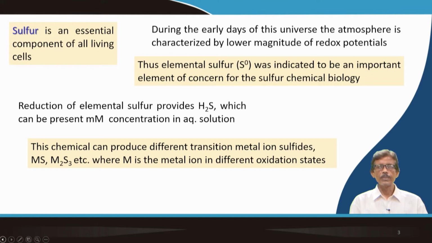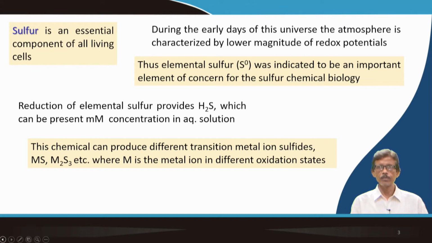This chemical, sulfur S0, can produce different transition metal ion sulfides. We all know that if you excavate the earth's crust with the help of a mineralogist or geologist, you will get many metal ion sulfides. In your school or college days, we learned that the different metal cationic species can be identified nicely by the color and appearance of the different sulfides, the copper sulfides, the nickel sulfides.